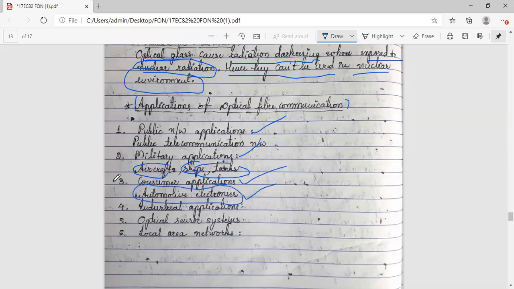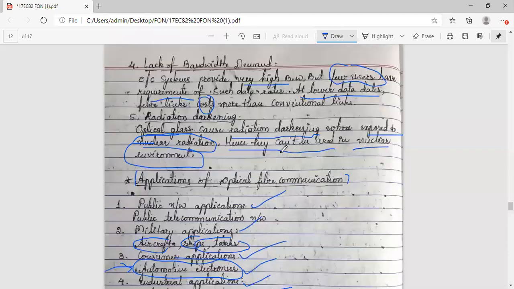Here nowadays most of the research is happening. Even electric vehicles are coming out, so more of the research is focused on this particular industry. Even industrial applications, it has optical sensor systems and even lasers. So it is mainly on optical fiber itself. These are some of the applications.